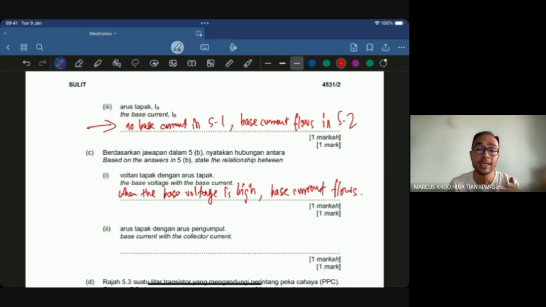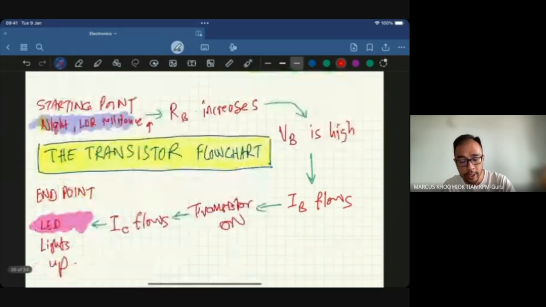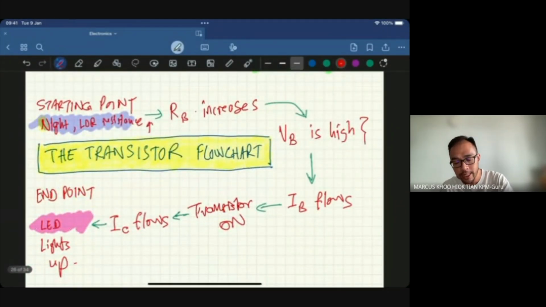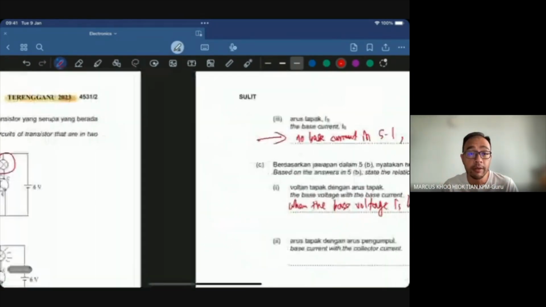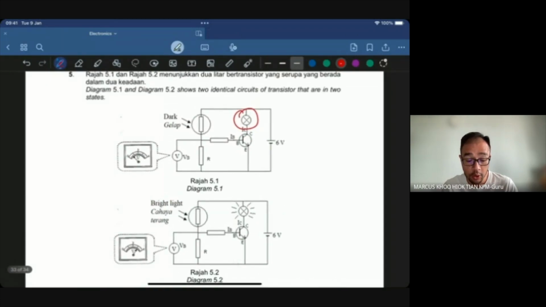You cannot say base current is high. Well, I guess you can say it's high, relatively, but we follow the pattern of our flow chart. Base voltage high, base current flows. That is the order. Base current 5.1 less than 5.2. Oh, you want to write it as base current 5.1 is less than 5.2.